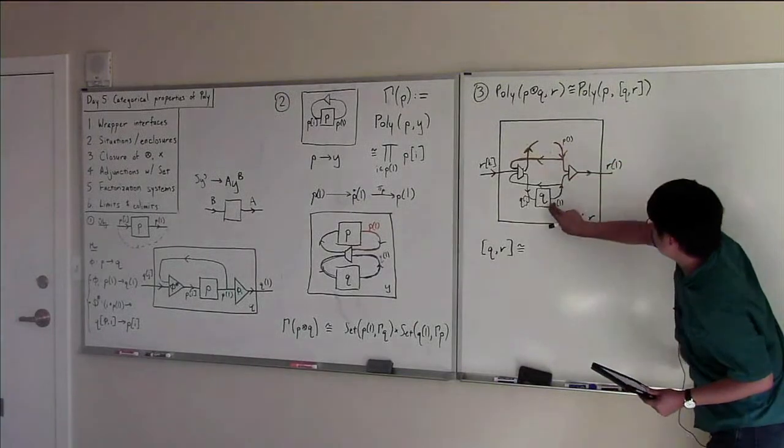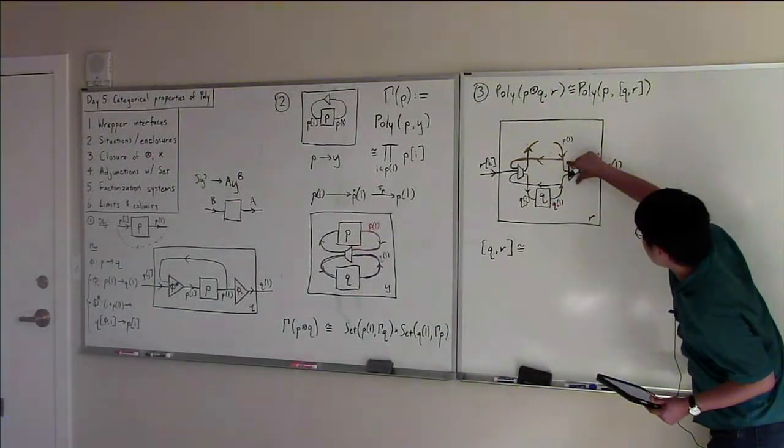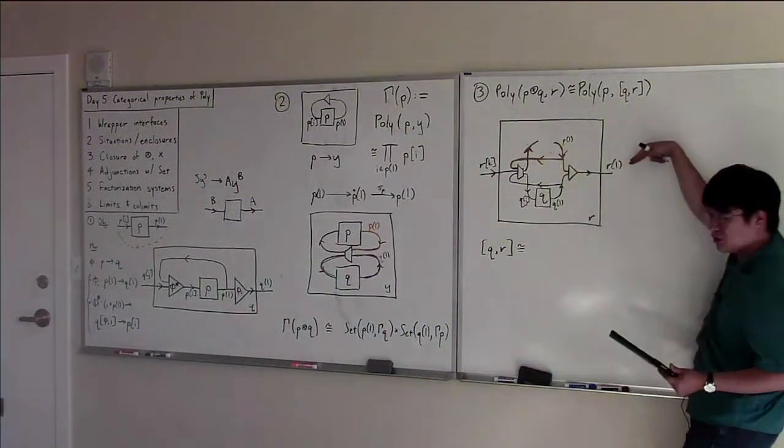Well, this triangle here really just becomes a function from Q of 1 to R of 1.